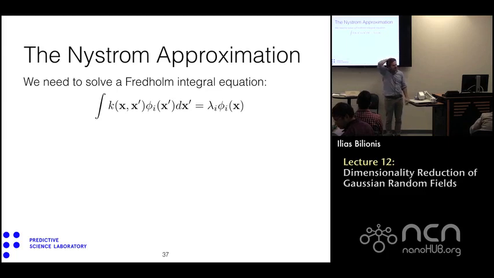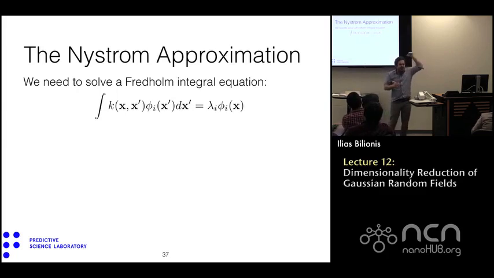It's called the Fredholm equation. Okay? So let me read it. You integrate k(x, x') multiplied with the function, you integrate over x', and then that should give you lambda times phi, and you're basically looking for the lambdas and the phis that have these properties. So you're solving for these functions. Okay? Now I'll tell you how to solve the Fredholm equation.